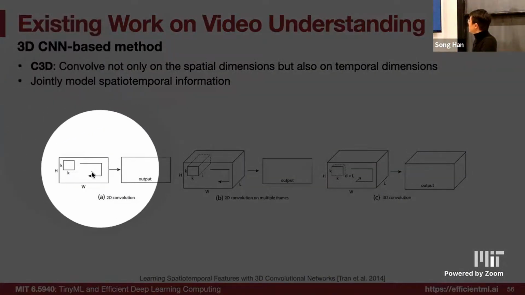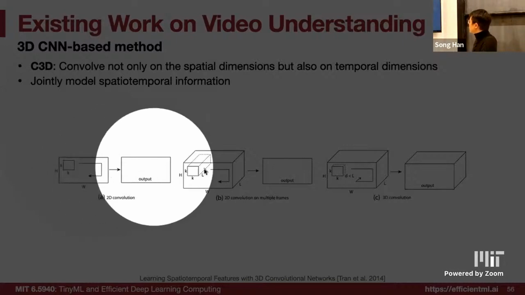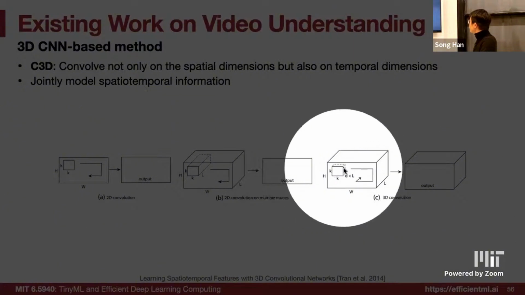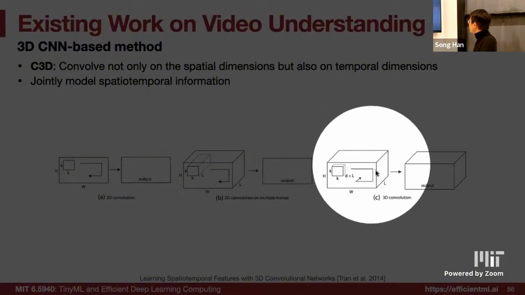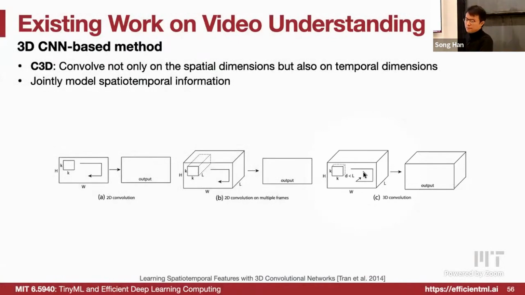So this is a 2D convolution in the 2D space. And this is on multiple frames. We added the temporal dimension. Okay, so this is the 3D convolution, not only in the spatial dimension, but also in the temporal dimension. So we can jointly model the spatial and temporal information by using 3D convolution to convolve over the videos.